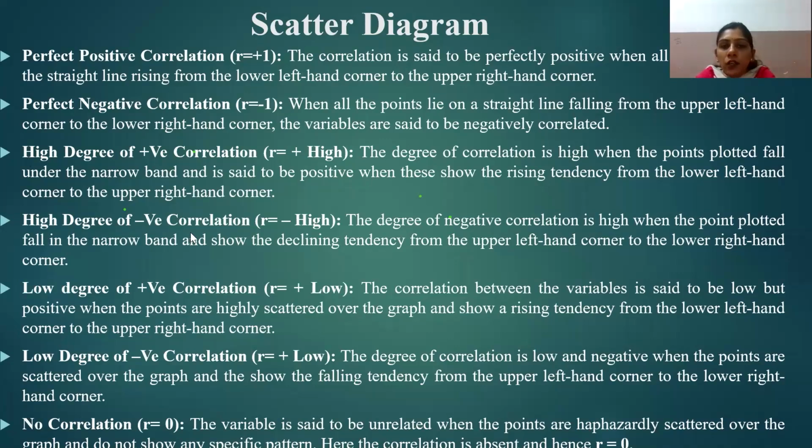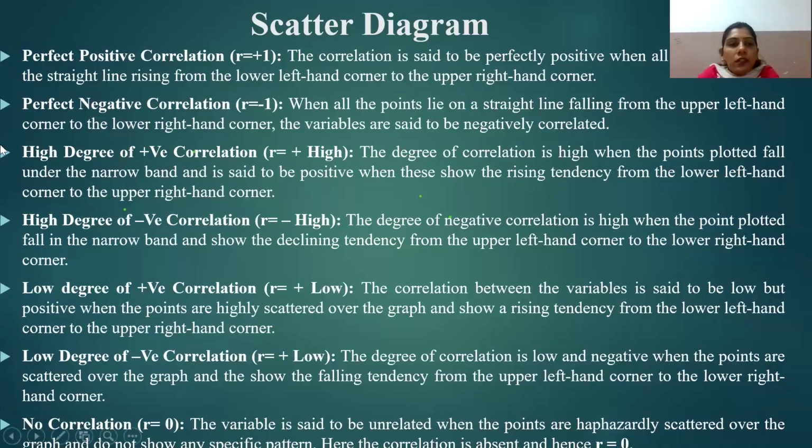Similarly, in high degree of negative correlation, the degree of negative correlation is high when the points are plotted falling in a narrow band and show the declining tendency from the upper left corner to the lower right hand corner.